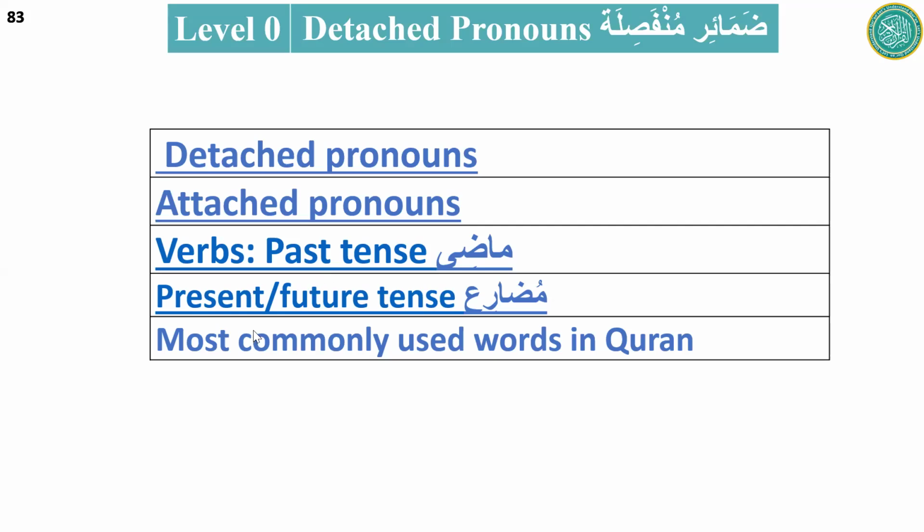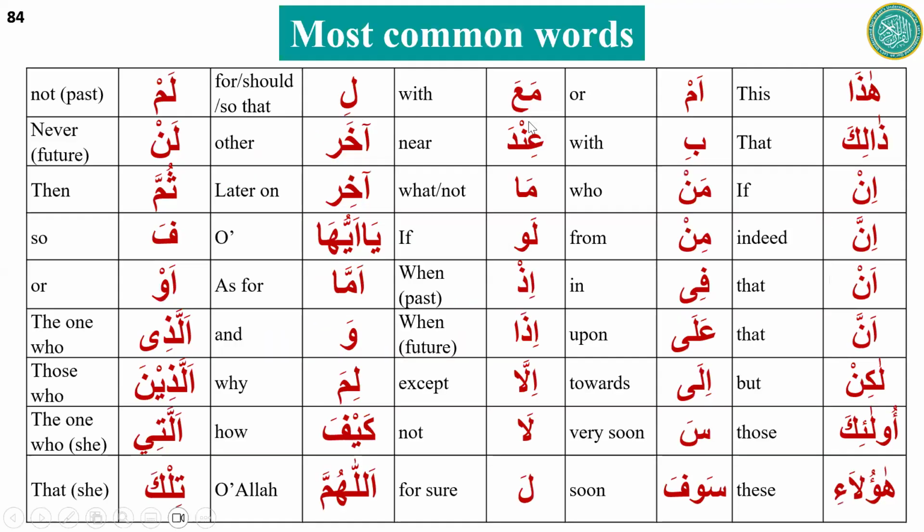And then the most important, most commonly used words in the Quran, there was a list. It's still there. So I would just ask each and everyone that we should have this most commonly used word list on our fingertips. It will make our work very easy to translate. If you see any single ayah, you will find these words coming there multiple times.